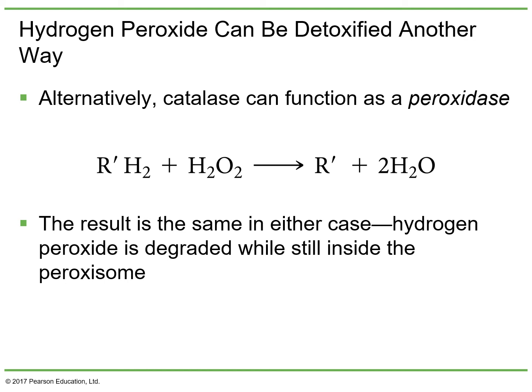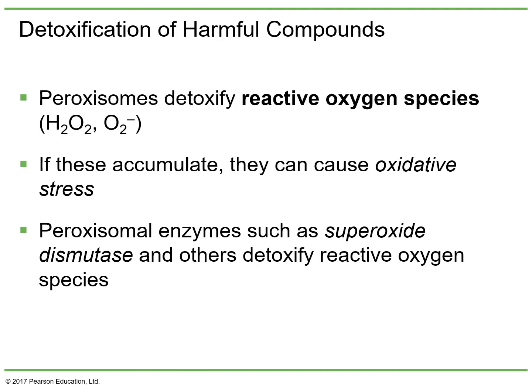In addition, peroxisomal enzymes are important in the detoxification of reactive oxygen species, such as superoxide anions and hydroxyl radicals. These ROS can be formed in the presence of molecular oxygen during normal cellular metabolism.